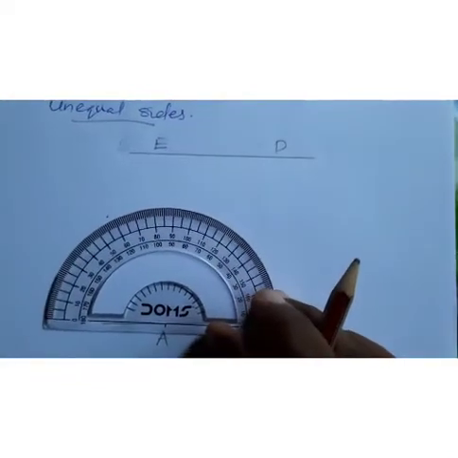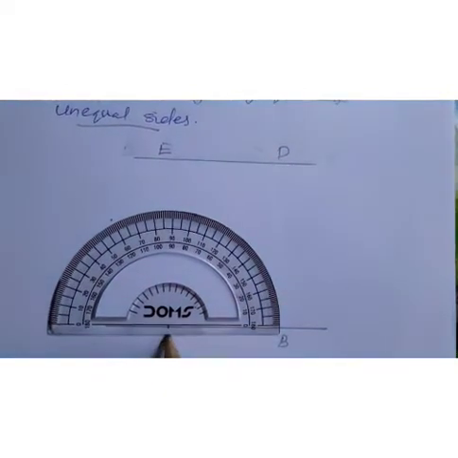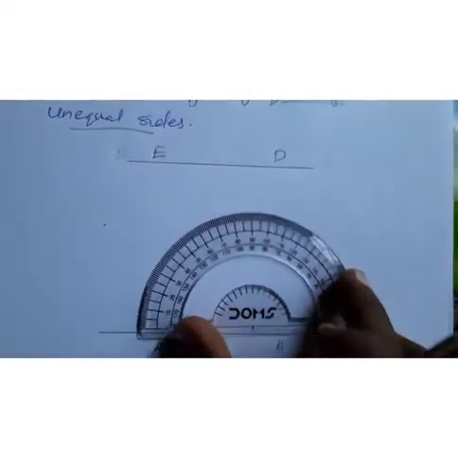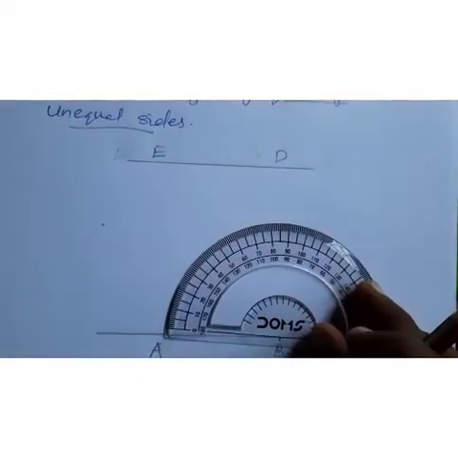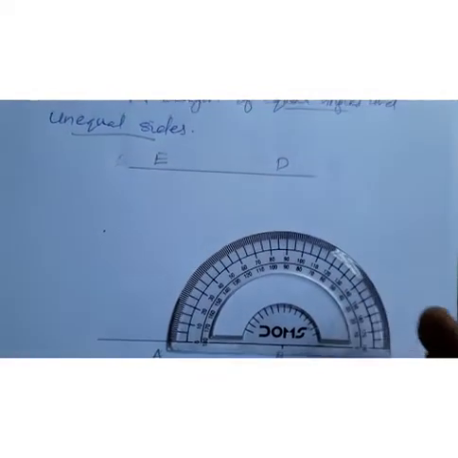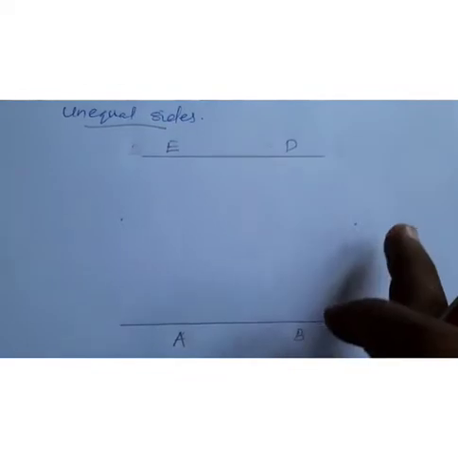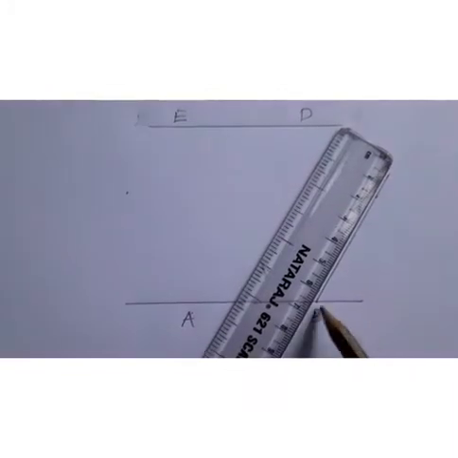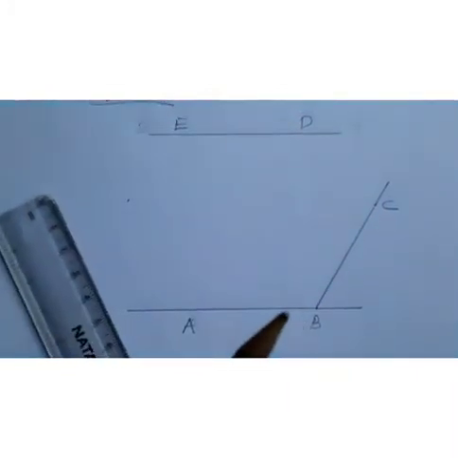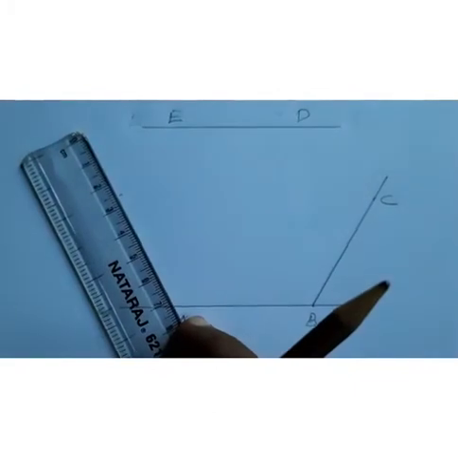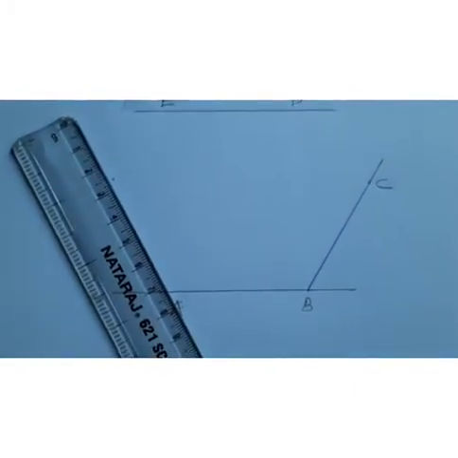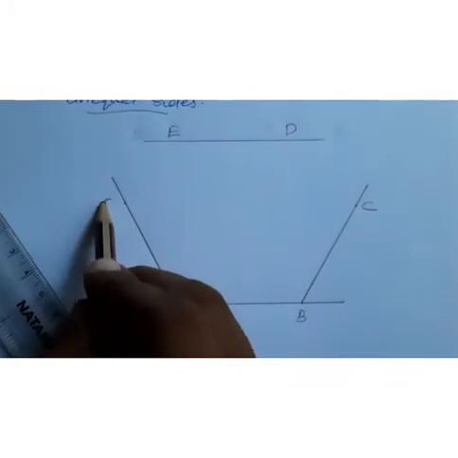From A also and from B also take 120 degrees. Then draw a line from B to C. Then from A to F, you have to draw another line.